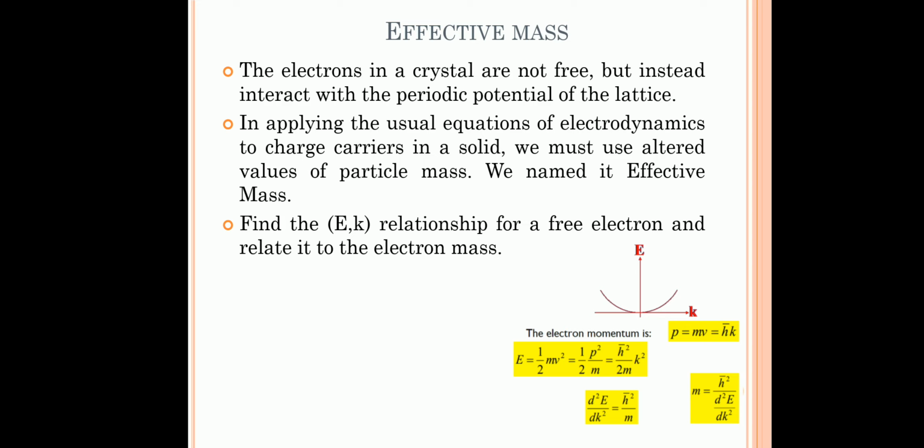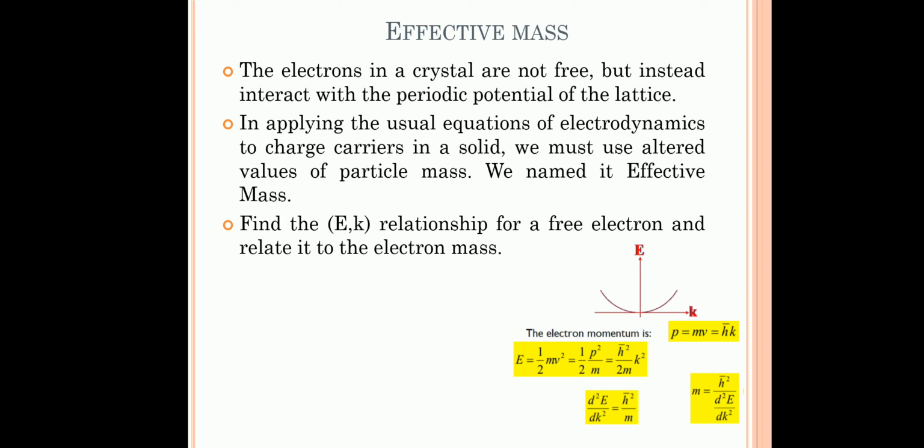Now find the E-k relationship for a free electron and relate it to electron mass. First we find the E-k relationship for free electrons, and from that we define the electron mass. Here E is energy and k is the wave vector.